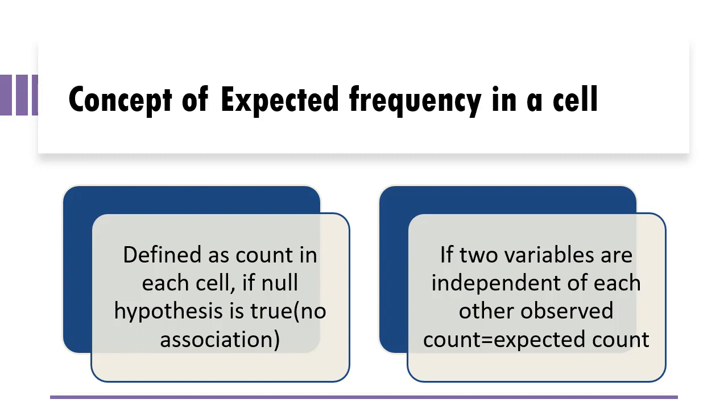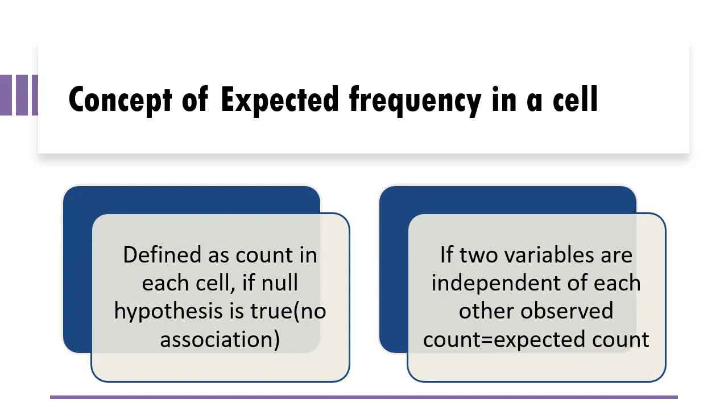So I'll talk now about the concept of expected frequency in a cell. In a 2 by 2 contingency table, there will be 4 cells, and in a 3 by 2 contingency table, there will be 6 cells. We define expected frequency as the count in each cell when the null hypothesis is true. That means there is no association and both the variables are independent of each other.